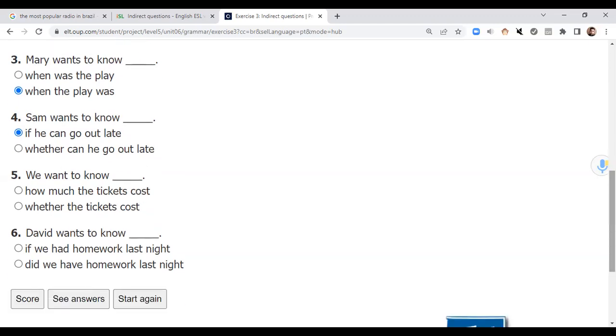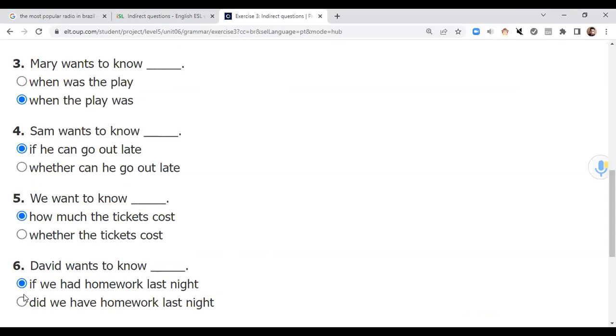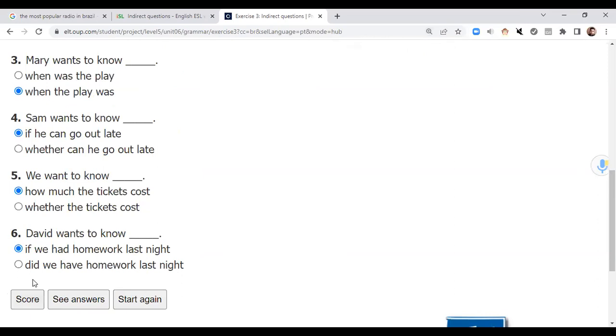Number 5. How much the ticket cost? 6. If we had the homework last night. Okay. But what about number 6?